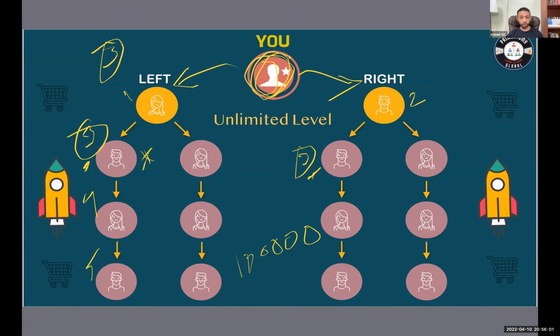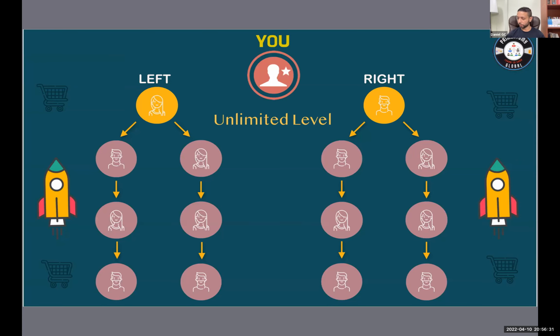There is no limit on how many people you can add in ATOMY. We might not even know 100 people that we can add below us, but there will be our contacts. So there is no limit on how many people we can add. That's a really unique thing about ATOMY.